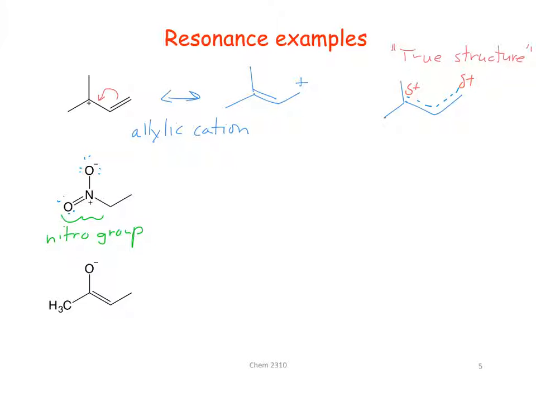Okay, so what scenario does this one lie in? All right, well, this one has a pair of electrons on an atom next to a pi bond. Right, so this is scenario 1. And in that case, the non-bonding electrons go down to form a new pi bond, and these electrons go up onto the oxygen.